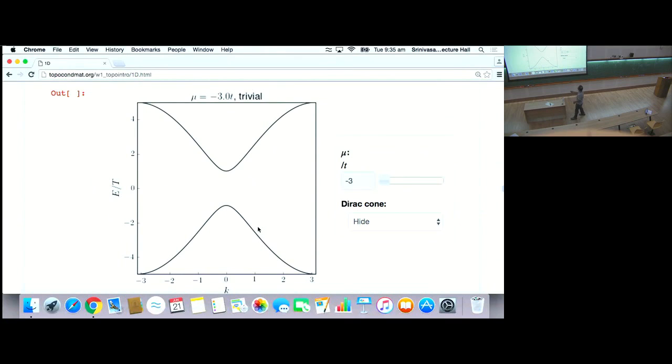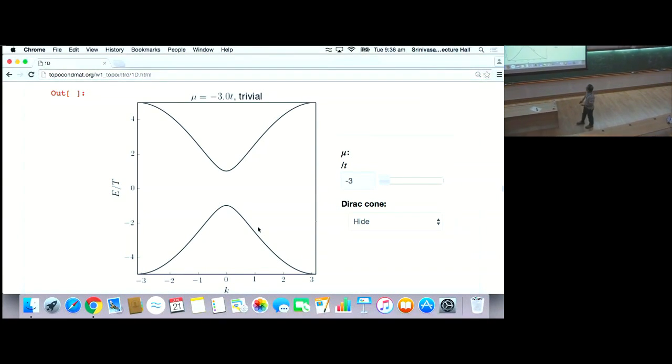Okay, so this is our E versus k for different mu's.